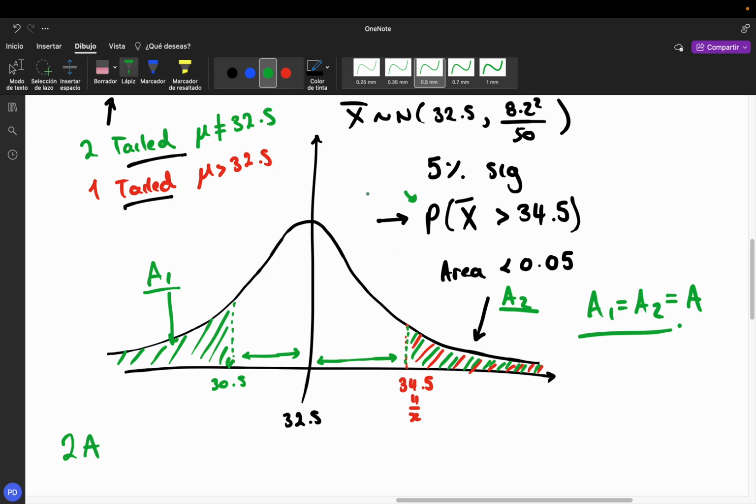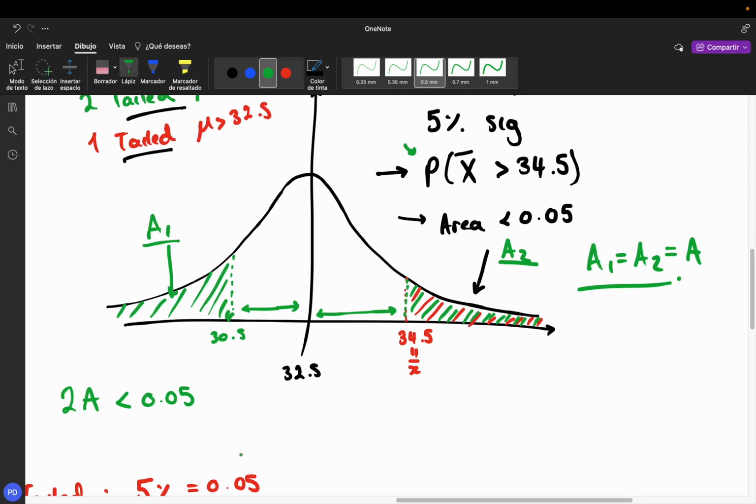Now we're going to apply this same reasoning. If this area is less than 0.05, then we are saying it's unlikely that we saw something as extreme as what we've just seen, in this case a sample mean of 34.5 or greater. But secretly, we're thinking it could also have been on the other tail.